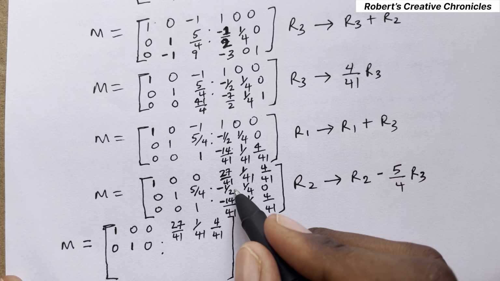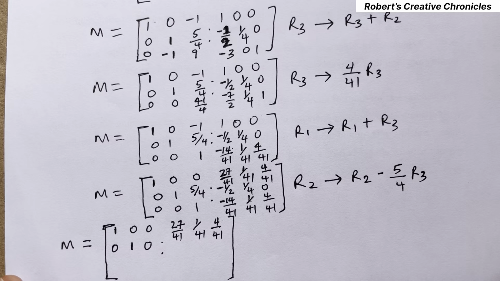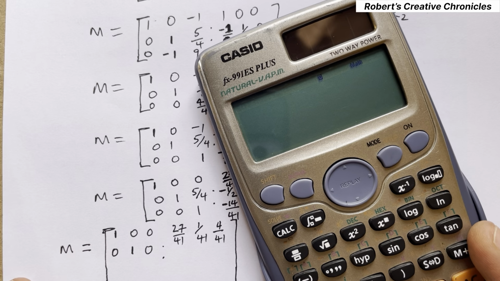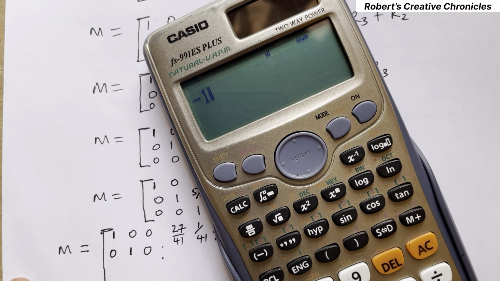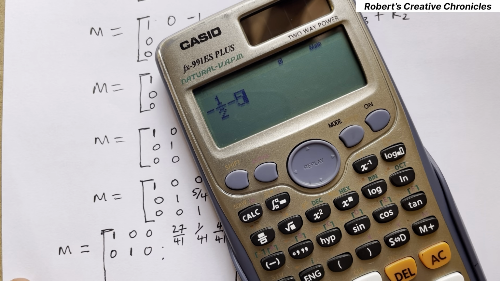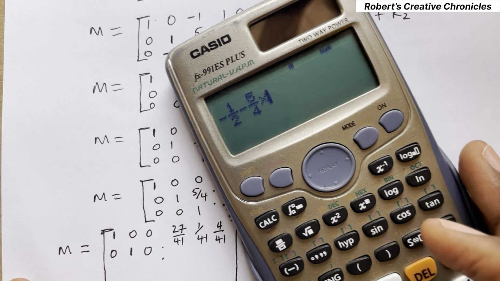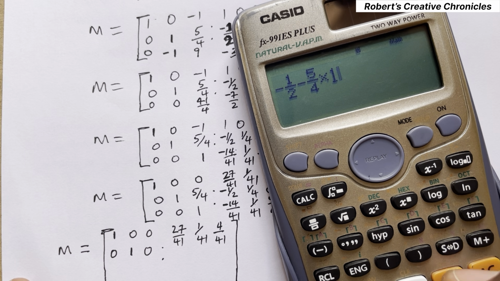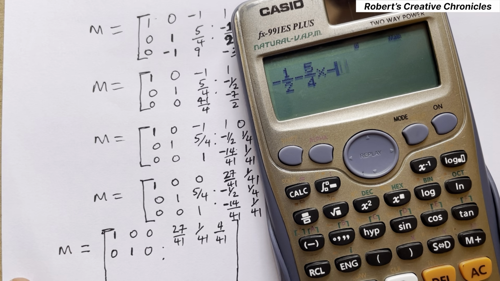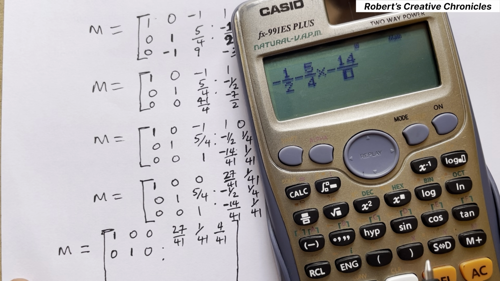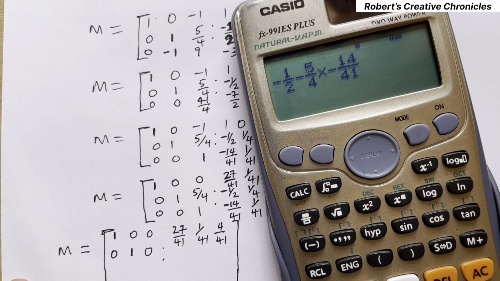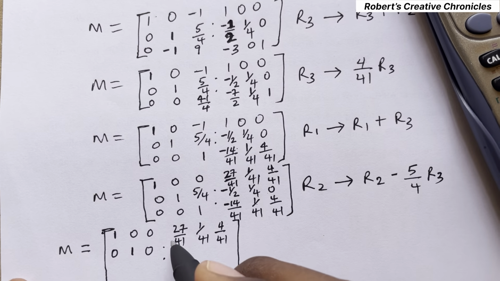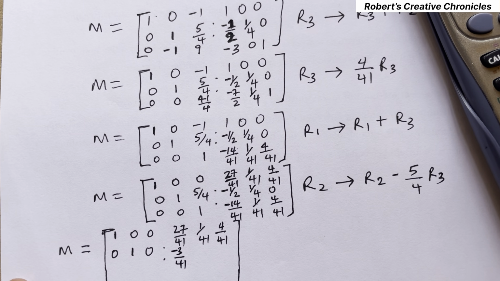Then this will be minus 1 over 2 minus 5 over 4 times minus 14 over 41. This is minus 3 over 41.